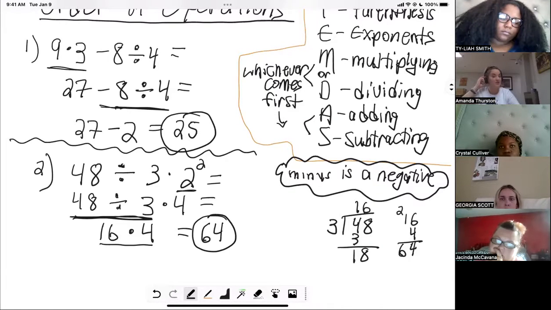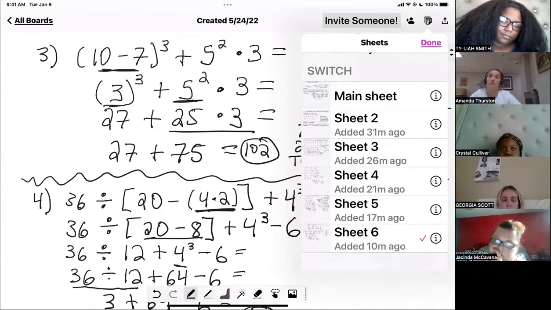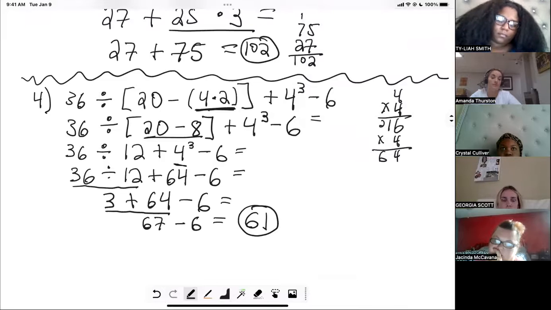Exactly. That's why it's always multiplying and dividing, adding and subtracting left to right. And I know that's the most confusing part, it has to be whatever comes first, left to right. That's where I find the most misconception with order of operations. It's actually what you're just talking about. Is doing the right order.